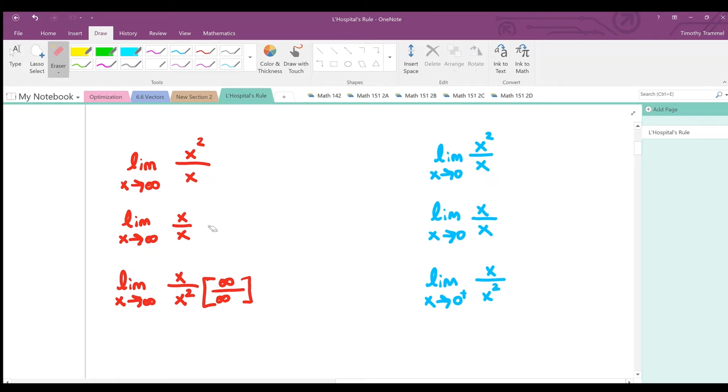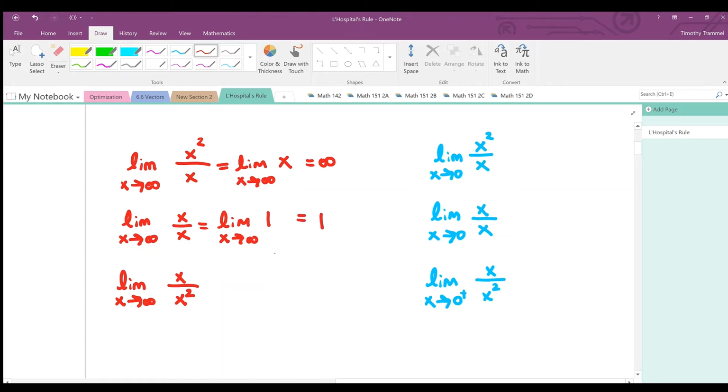Okay, let's see that what I've just said here is true. Well, this limit here really just becomes the limit as x approaches infinity of just x, and this is infinite. And this one here becomes the limit as x approaches infinity of 1, and that limit is just 1.